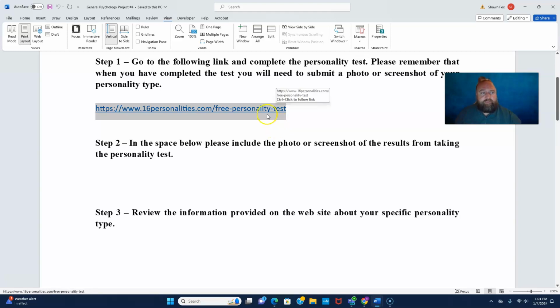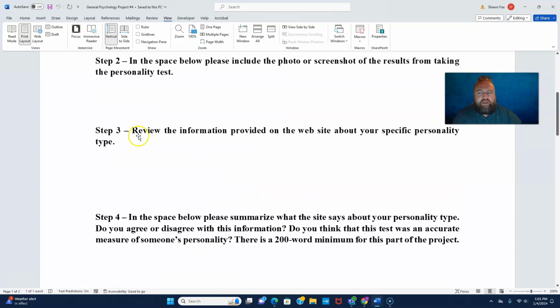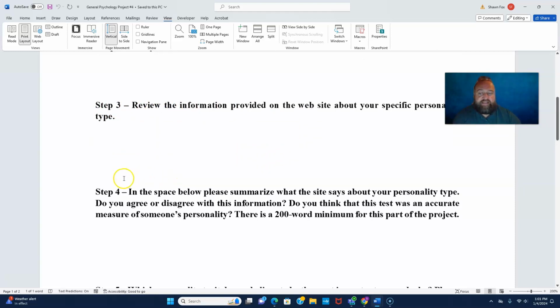It'll even talk a little bit about relationships. There's actually dating sites that compare your Myers-Briggs Type Indicator personality type to try to match you with people who are compatible. So it's really an interesting read. Read over your personality type. Step 3, in fact, that's what you need to do: review the information provided on the website about your specific personality.